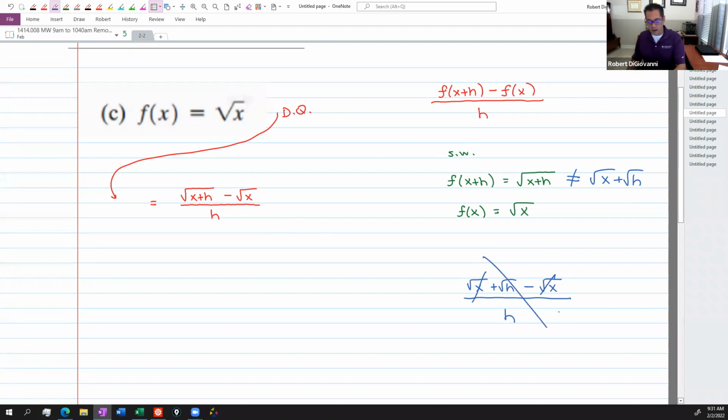But that's not correct algebra, all right? So we cannot split this apart. There's absolutely nothing we can do to free this h from this square root. It is trapped in here, so we can't cancel it. So we're stuck. You all agree? We're kind of stuck at this point.